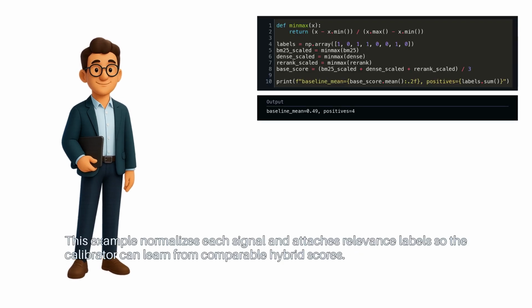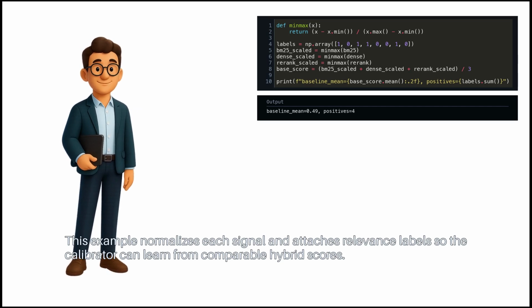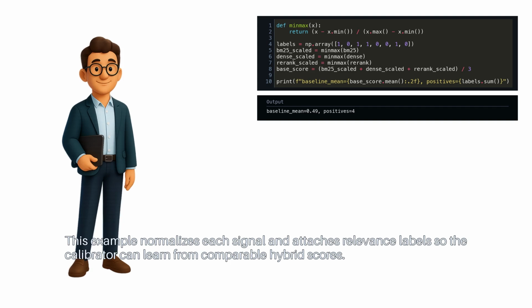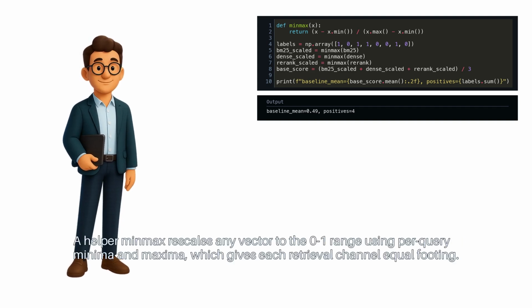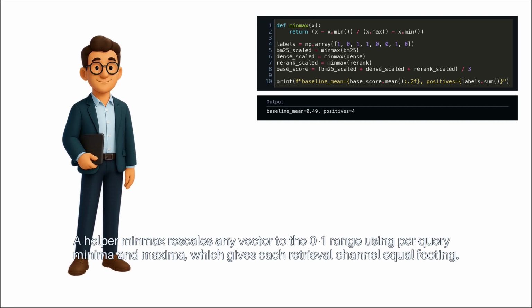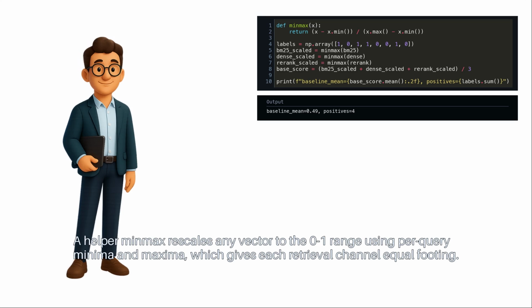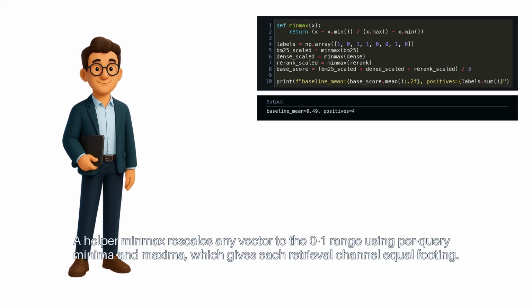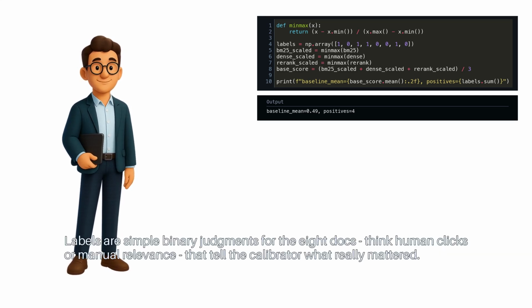This example normalizes each signal and attaches relevance labels so the calibrator can learn from comparable hybrid scores. A helper min-max rescales any vector to the 0-1 range using per query minima and maxima, which gives each retrieval channel equal footing. Labels are simple binary judgments for the 8 docs.